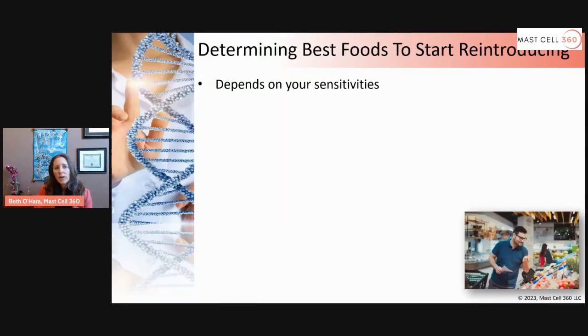One, it really depends on your sensitivities. Some people come into our clinic and they're like me and they have been reacting to everything. They're down to 10 foods. They're really struggling to eat. So they may have a lot of different food intolerances.